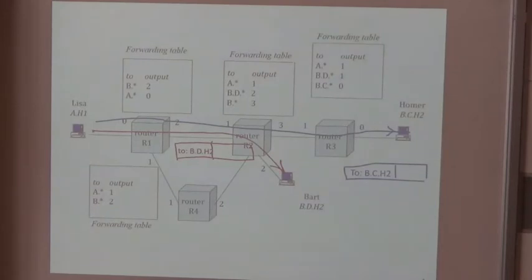So if you are, for example, in a large network, but you're just close to the exit or the entrance to this network, then you can have a few entries for the special cases, like B.D, and one regular entry for the rest. In particular, one entry that we will often find is the 0 entry, or the empty one, which means everything matches. This means that's the default route.